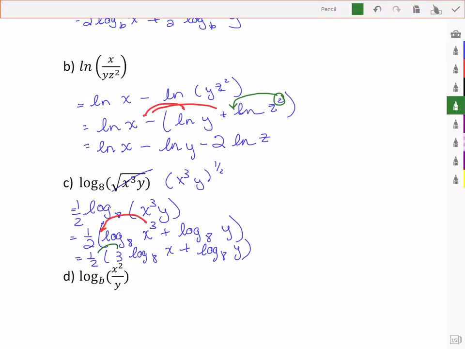And finally, to get all the way finished, we're going to distribute the 1/2, which leaves me with 3/2 log base 8 of x plus 1/2, because there's not a coefficient on that one, log base 8 of y.